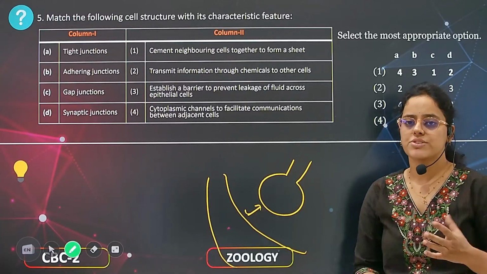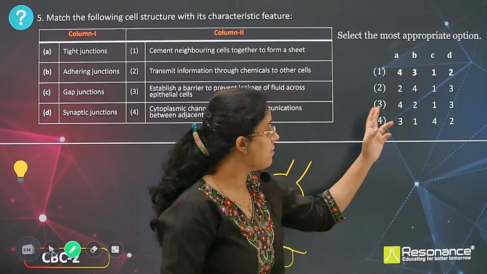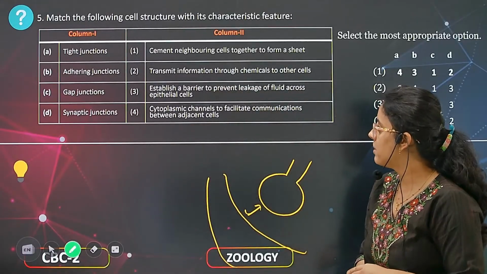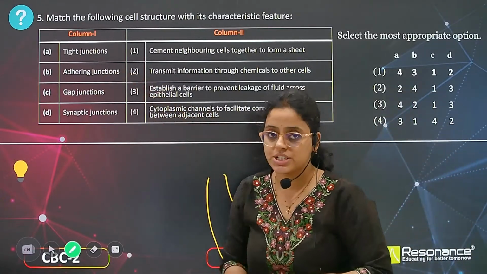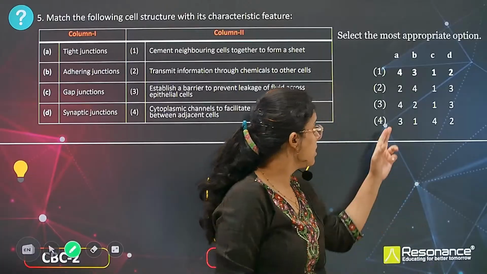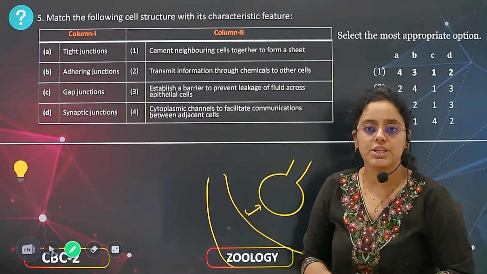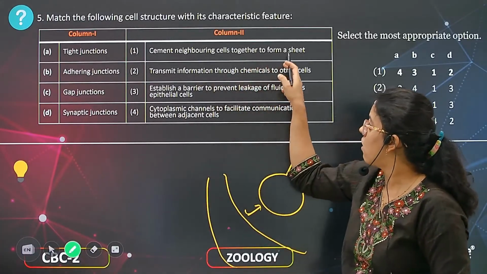So what is your answer over here? Option A: establish a barrier to prevent leakage of fluid across the epithelial cells, tight junctions. Now the second one, adhering junction: they cement neighboring cells together to form a sheet.